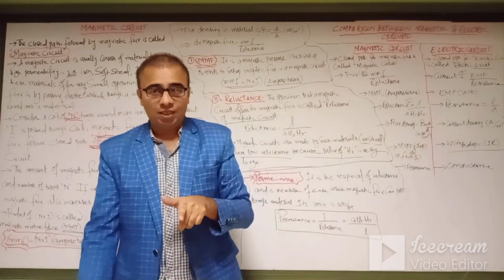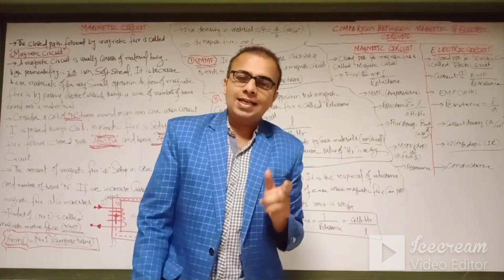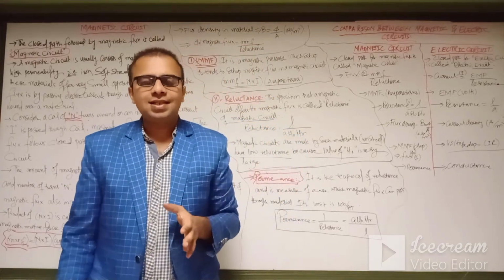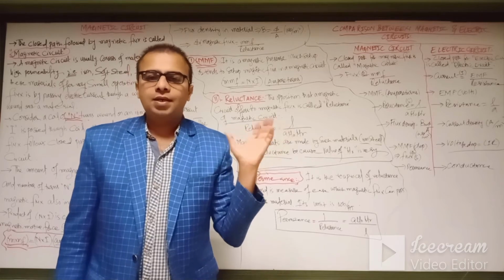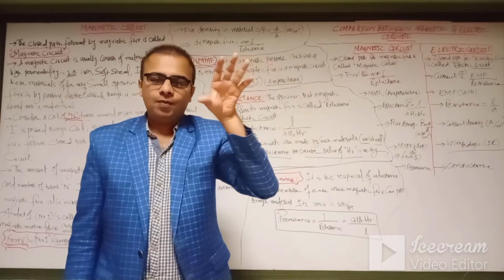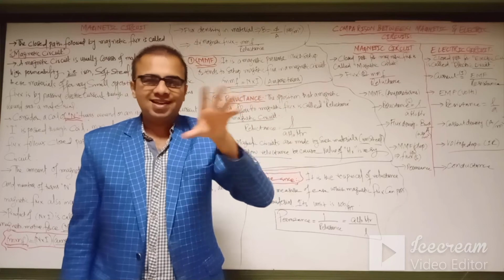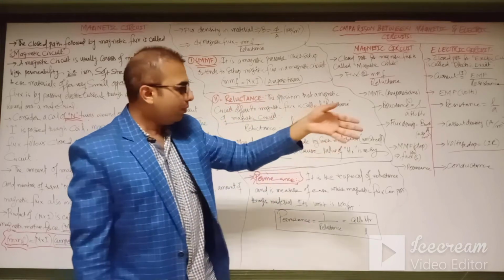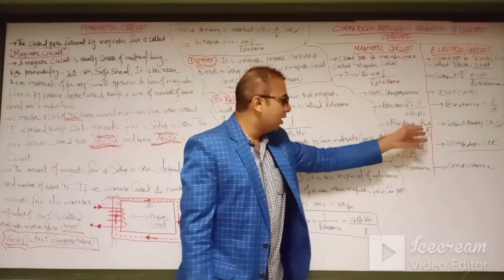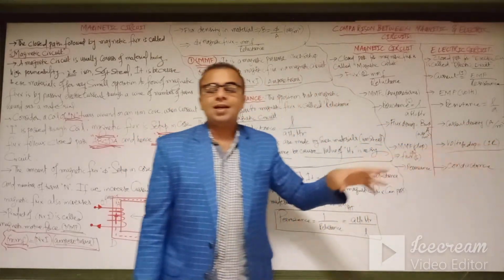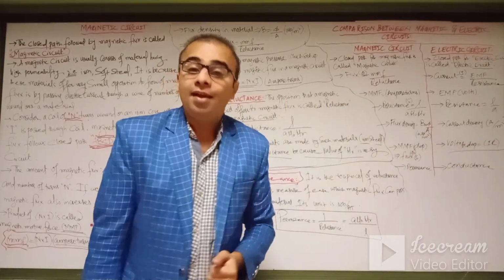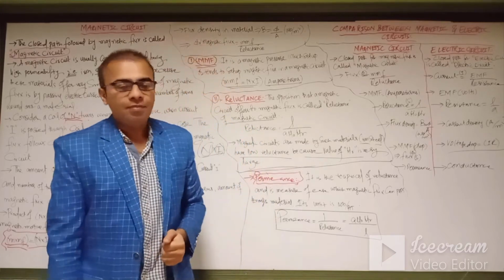The magnetic lines of force passing through a unit area in the magnetic circuit is called the magnetic flux density, in Weber per meter square, phi divided by A. In the electrical circuit there is current density, in ampere per meter square.